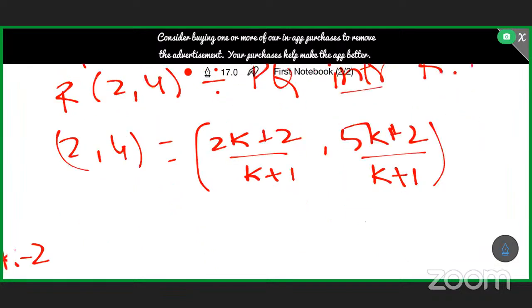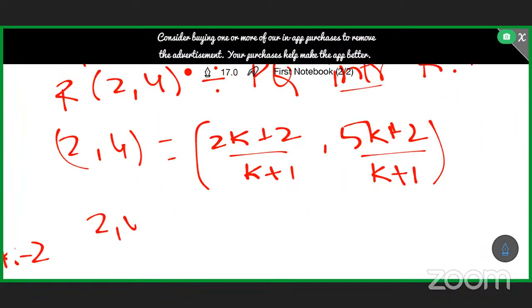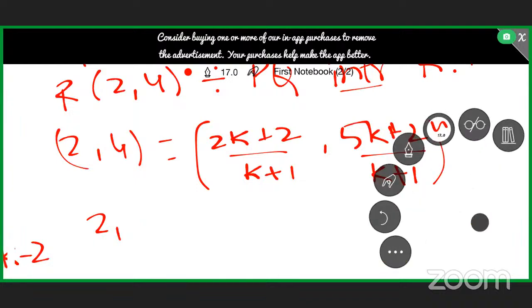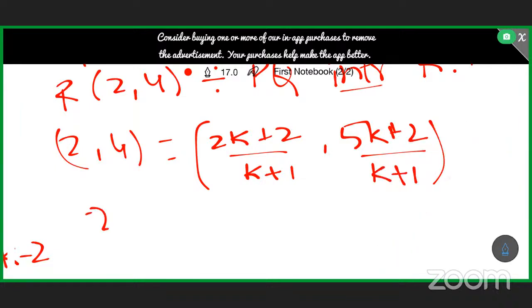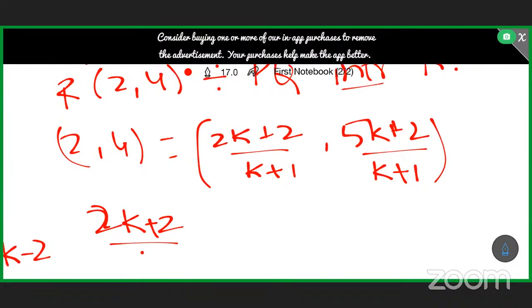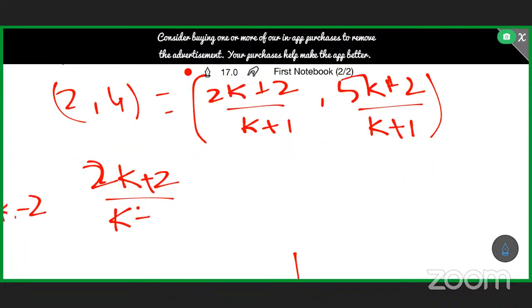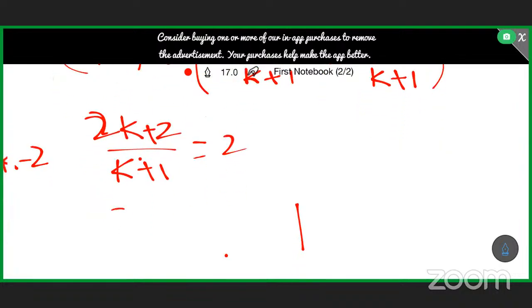So this will give me 2, 4. I will equate this one. 2k plus 2 by k plus 1 is equal to 2. That will become 2k plus 2 is equal to 2k plus 2.